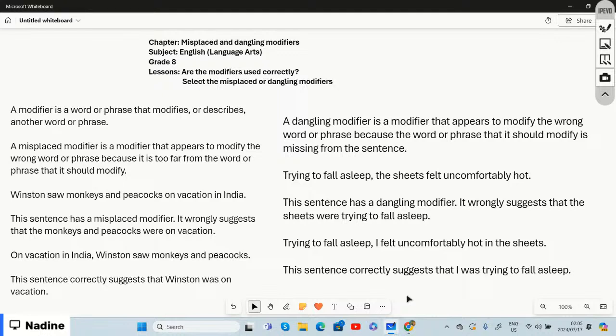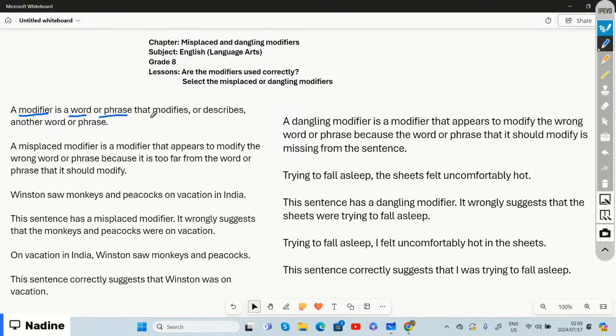A modifier is a word or a phrase that modifies or describes another word or a phrase.